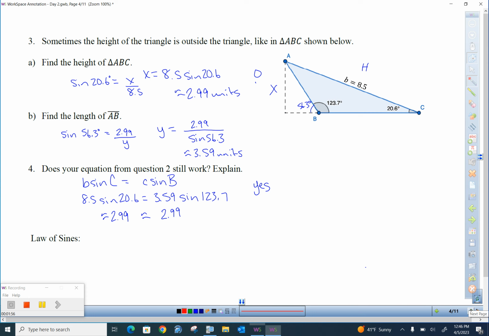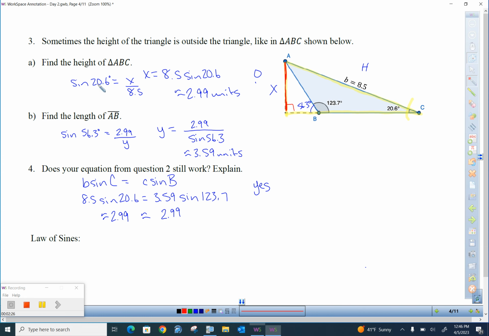You were doing the same process on part A for number 3. You have to focus on a right triangle in order for SOHCAHTOA to apply. So hopefully you recognize that this big triangle on the outside works for us without finding any extra angles. I did have some people who solved for some missing pieces to focus on a different angle. But when we're finding the height, it is this side here, and that is the part of this larger right triangle.